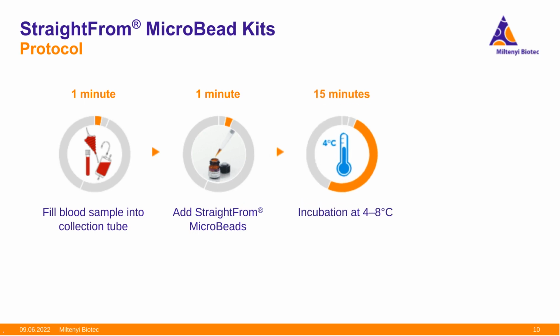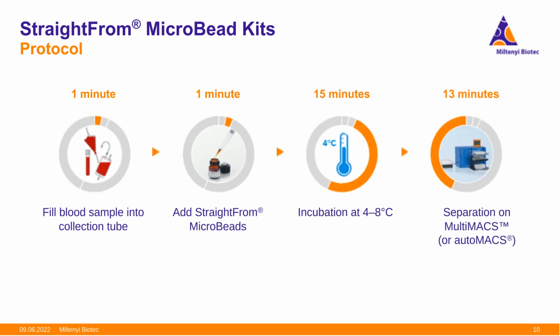We incubate for around 15 minutes in the fridge, and then we run the sample through our MultiMACS or the AutoMACS, depending on the instrument that you have at hand. Using this, you can achieve very high purity of your cells very quickly from your blood samples, and you can really reduce the variability between the different users in your lab.